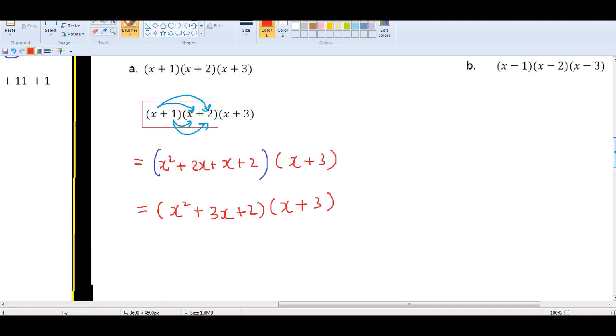Remember the FOIL method: just make sure you multiply everything in the second bracket by each term in the first bracket. If you make sure about that, then you will get the answer.